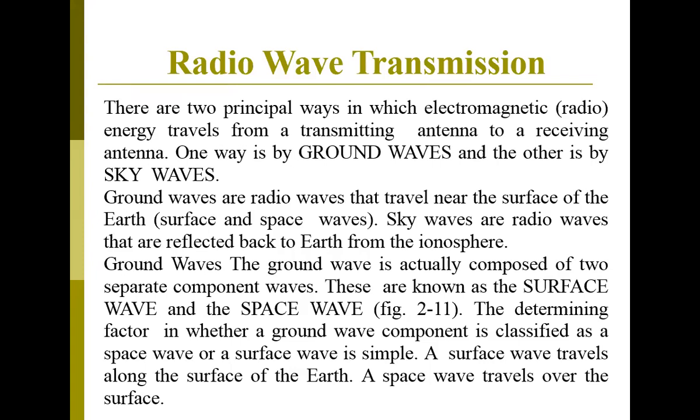Electromagnetic energy travels from the transmitting antenna to the receiving antenna. We have already done this various times. We know that whatever signal is being transmitted is in the form of energy. So it travels either by ground wave, by sky wave, or by tropospheric or space wave.